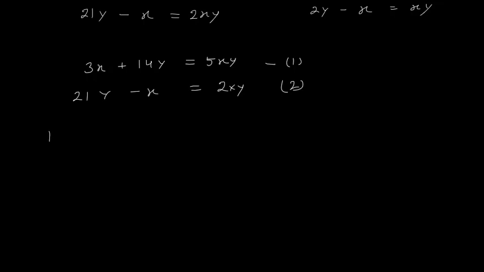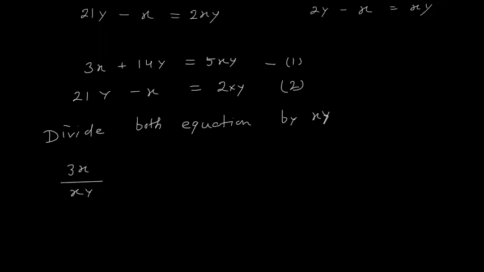Now let us divide both equations by xy. Here we get 3x upon xy plus 14y upon xy is equals to 5xy upon xy.